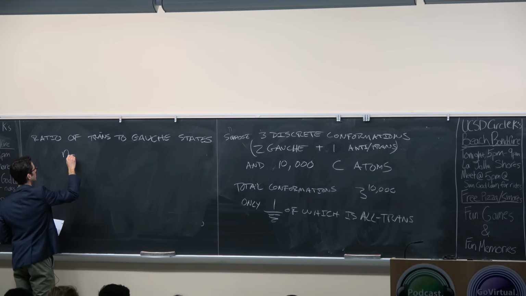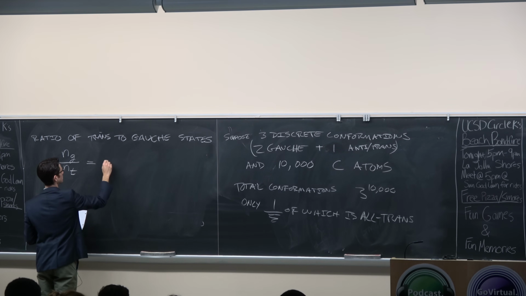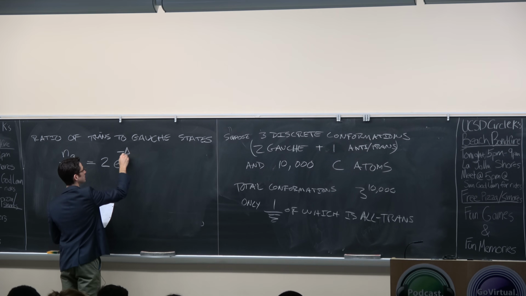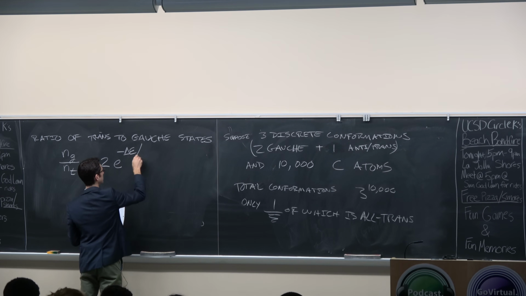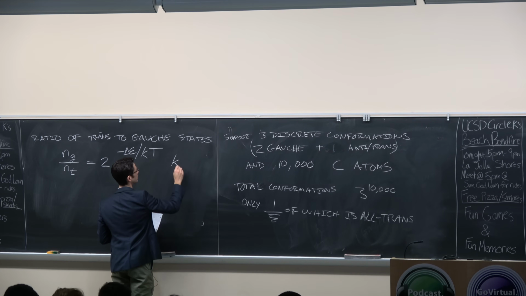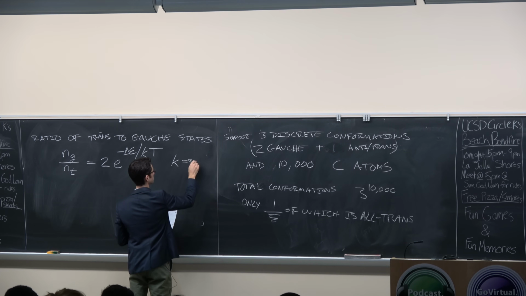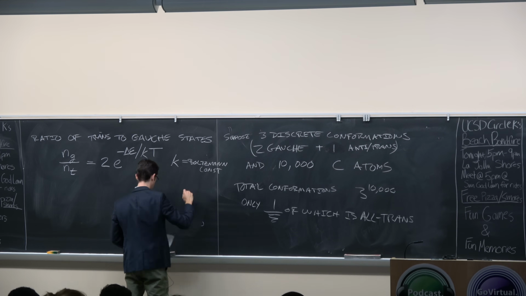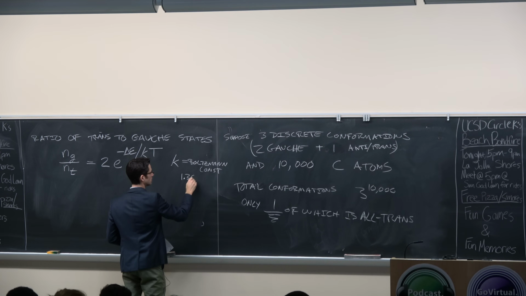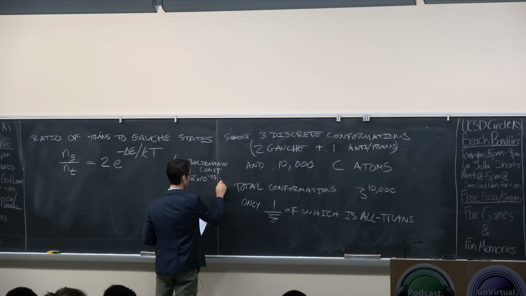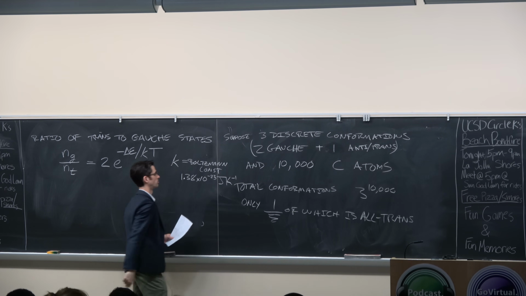So you have the ratio of the number of gauche states to the number of trans states equals 2 times a Boltzmann factor of e to the minus delta E divided by kT, where k is the Boltzmann constant, and it has a value of 1.38 times 10 to the minus 23 joules per Kelvin.